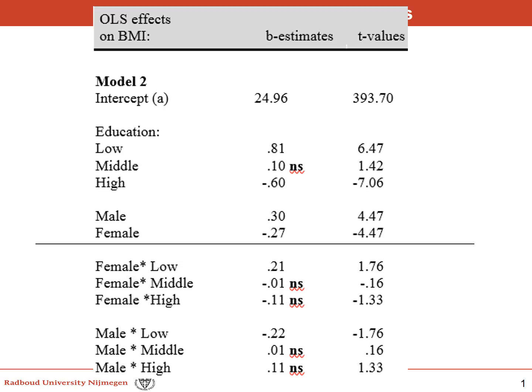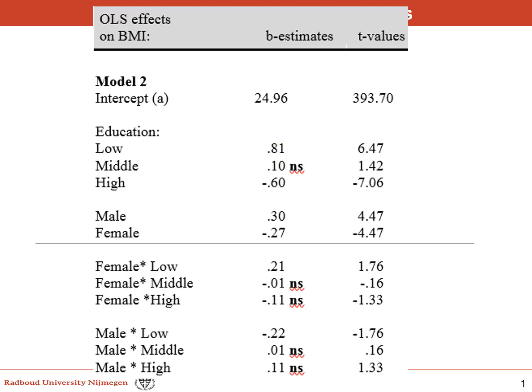Okay, but now what does the inclusion of these weighted effect coded interactions exactly mean? Well, if we take a look at this estimate of 0.21, this estimate means that if you are a female who is low educated, then we have to add 0.21 to this number over here, 0.81.